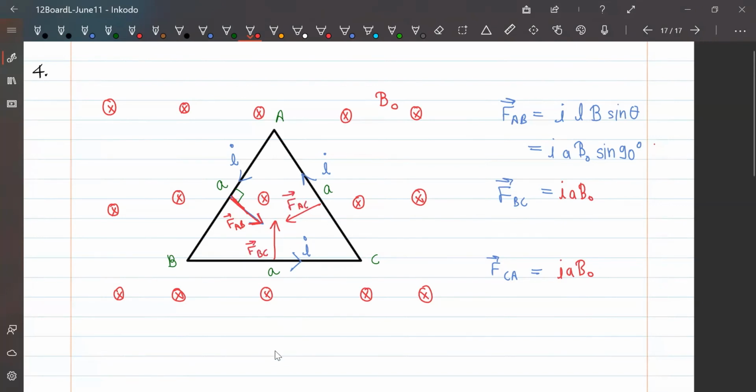If 3 vectors are towards each other, they will cancel each other out if they are equal. This is the force on BC. I'll just extend them out at the center. This is the force on AC, and this is the force on AB. All these 3 will cancel each other out, and the F vector, that is force on AB plus force on BC plus force on CA, will be equal to 0.